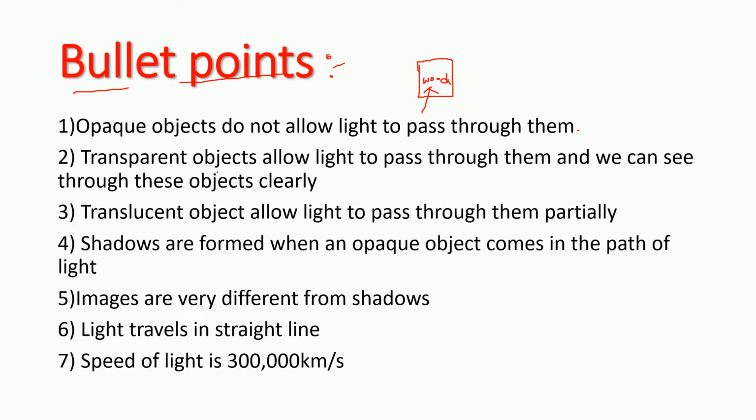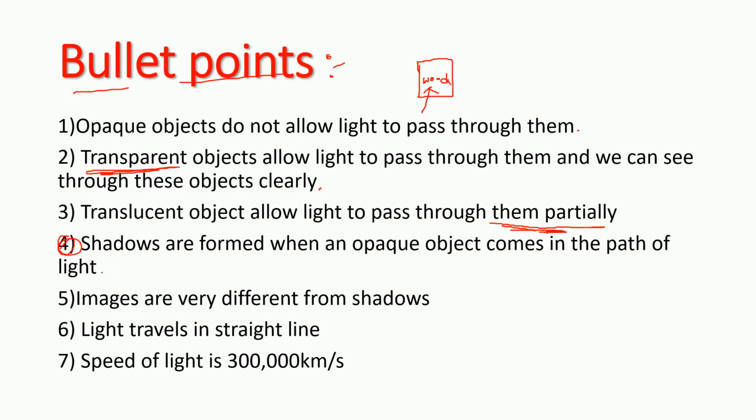Transparent objects allow light to pass through them, and we can see through these objects clearly. Light is transmitted from one end to the other. Translucent bodies allow light to pass through them, not completely but partially.